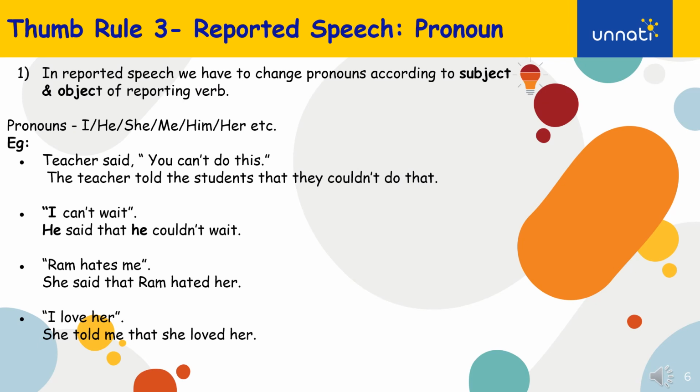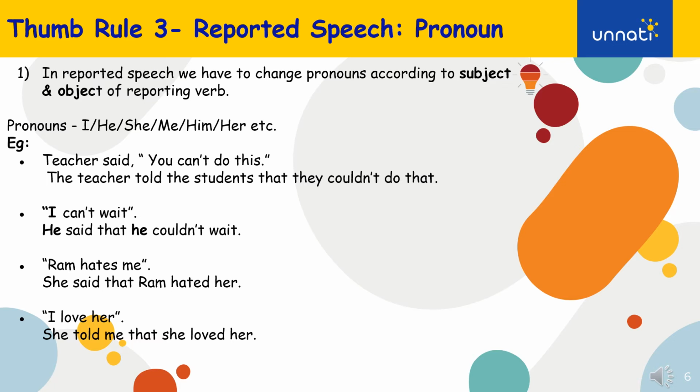Okay, thumb rule number 3, pronoun in reported speech. Now, when we change a sentence from direct to reported speech, we also have to change the pronouns accordingly, according to the subject and the object of the reporting verb. Now, we all know what pronouns are: I, he, she, him, her, etc. These are pronouns, right?